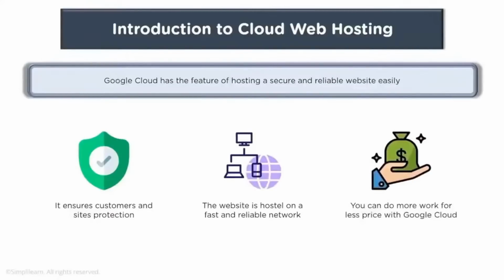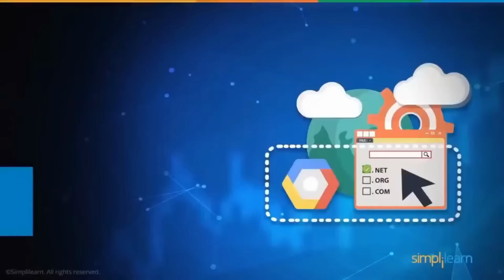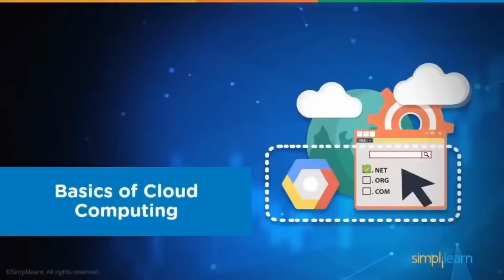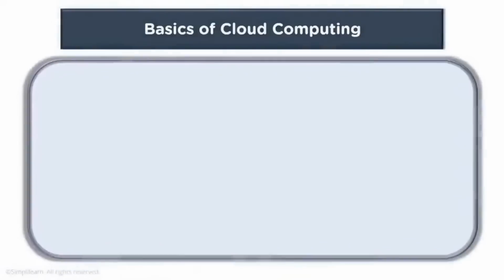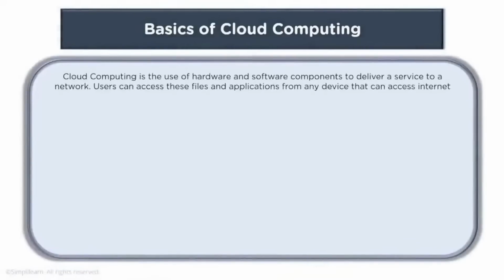Now, when we talk about Google Cloud, it is always good to know some basics of cloud computing. Cloud computing is basically using resources which are provided by your cloud service provider, such as Google Cloud. It means using hardware and software components to deliver a service on a network.